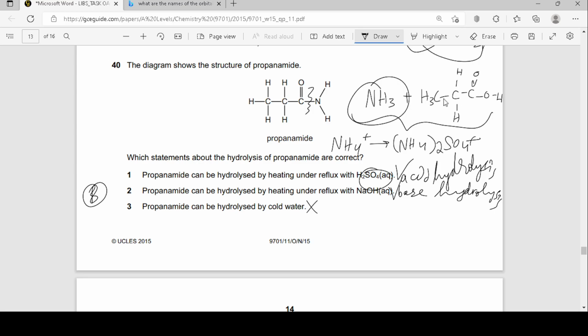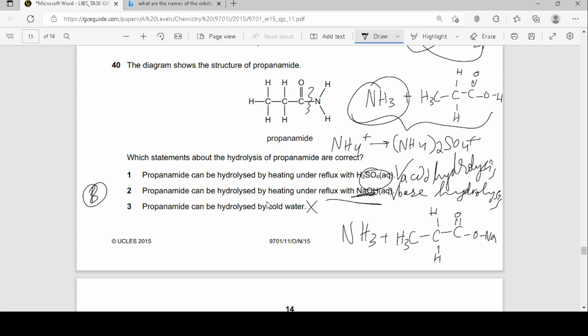And if you're talking about base hydrolysis, this NH3 will remain NH3, but your propanoic acid will react because you have NaOH. So your propanoic acid will become the salt, sodium propanoate, CH3CH2COONa. So that's what happens in acid or base hydrolysis.